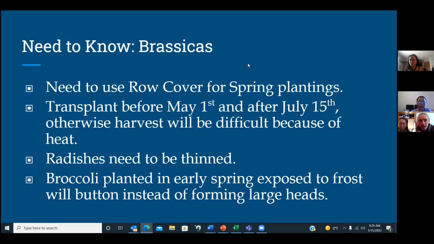I think Ag 19 is like the thickness of it. If you get under that 19 number, then that's more so for insect netting that keeps the insects out. But the Ag 19 is one of the types that will help keep the heat in for your brassicas.